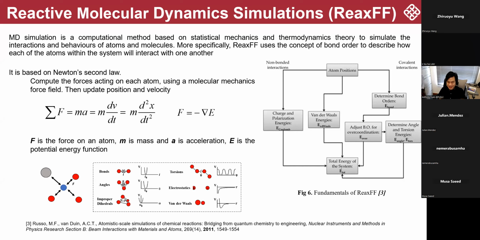But the difference is we are looking into atomistic forces, like your electrostatic, van der Waals, the torsion, the bond, and all those attraction forces due to the bonds and the chemistry. On the right hand side, there's more detail about all the forces that are considered in the MD itself. But the idea is we summate all the forces together, and then we iteratively model the movement of the molecules.